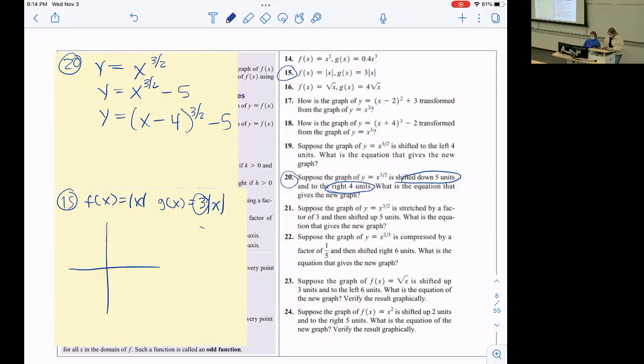So we know that is what the graph of the absolute value of x is going to look like. With a stretch of 3 units, it's going to be steeper. So instead of going over 1 up 1, it's actually going to go over 1 up 3. So it'll look like that. Does that make sense?